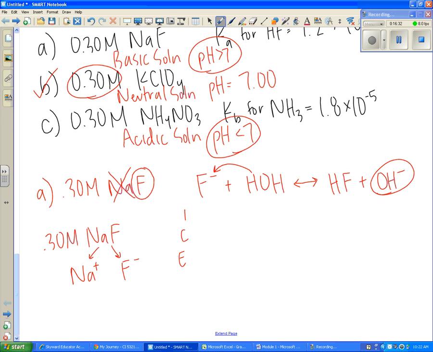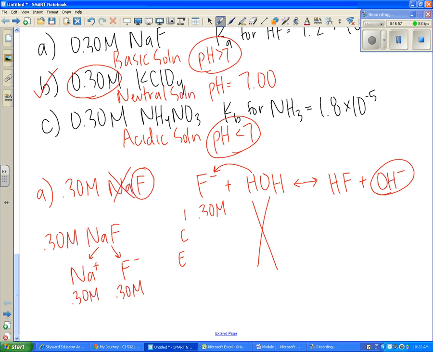So for every 0.30 moles of this that break up, I would also get 0.30 moles of this and 0.30 moles of this in the same volume of solution. Because this is a 1-to-1 ratio, then I would have 0.30 molar sodium ions and 0.30 molar fluoride ions in the solution, which means my initial concentration of fluoride ions is 0.30 molar.